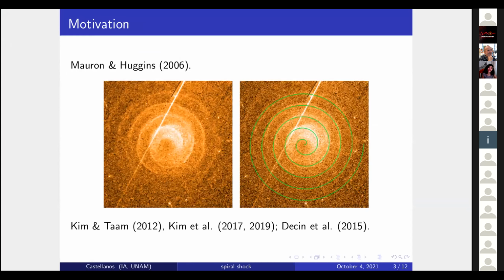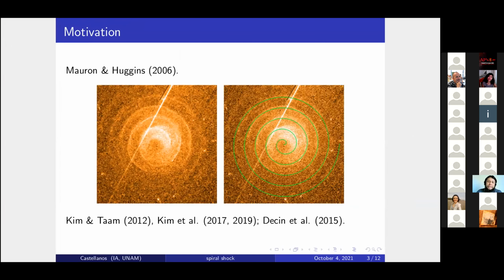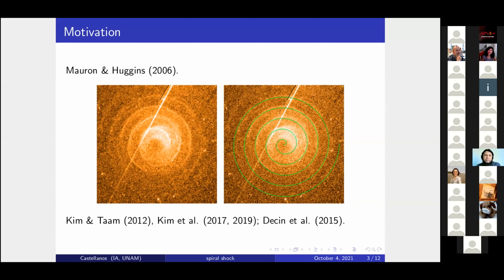The principal motivation of this work is the seminal paper of Morona and Huggins in 2006, who presented for the first time HST images of AFGL 3068. We can see these images show a spiral pattern caused by a three-dimensional shock from the interaction between an AGB wind and a binary companion in an almost circular orbit.